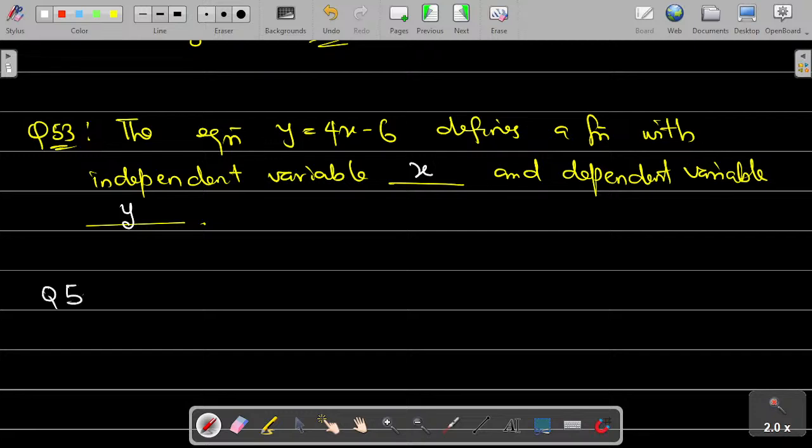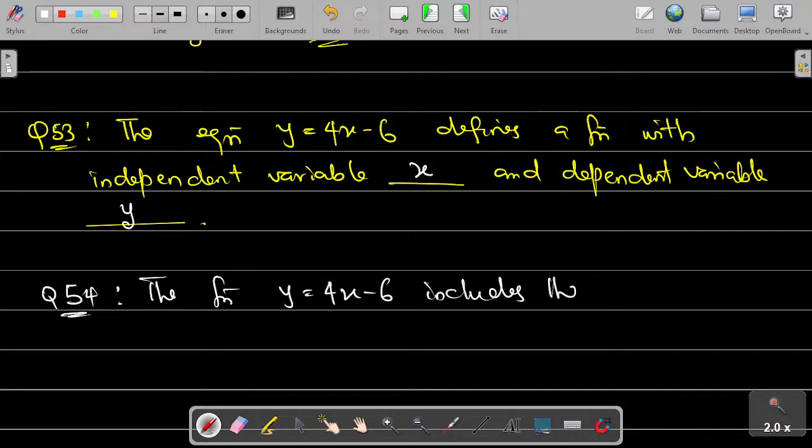So we go over to number 54. We are told that the function y equals 4x minus 6 includes the ordered pair, and remember I mentioned ordered pair before, 5 comma dash.